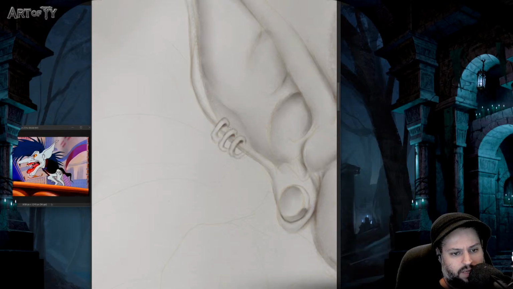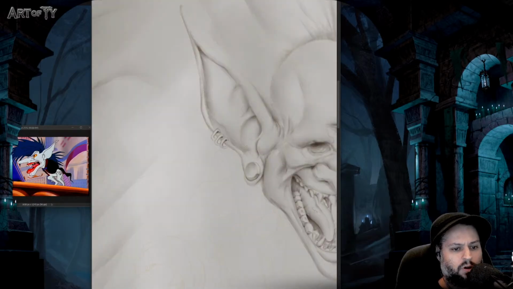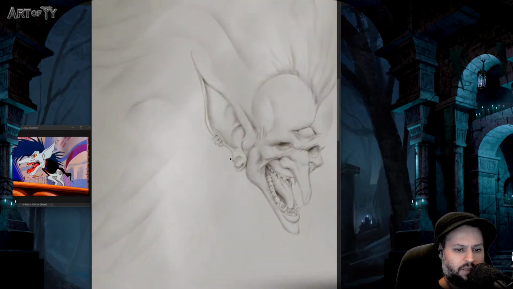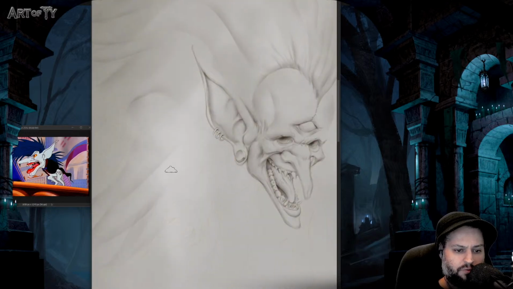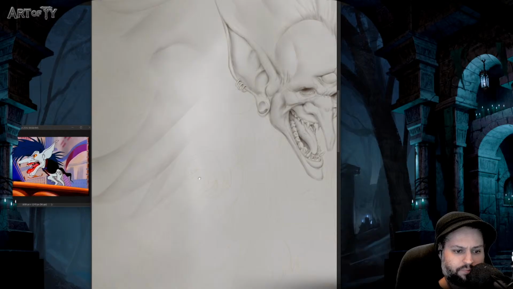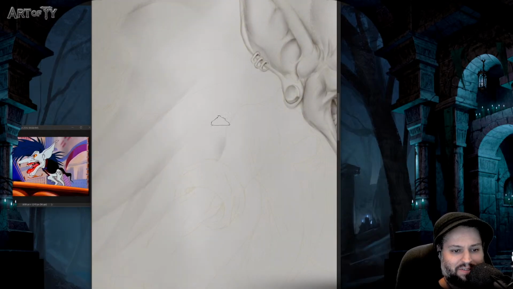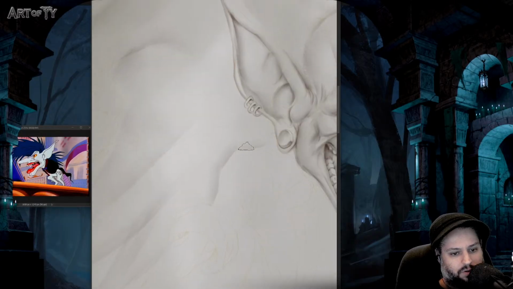All right, we'll get some cast shadows in here later to help that separate more. But I was wanting to define this area here because we need to put in some shadow behind the ear for this hair piece. This is where a flats layer would be nice, right? Because we'd have this edge defined, but we're just going to do our best.